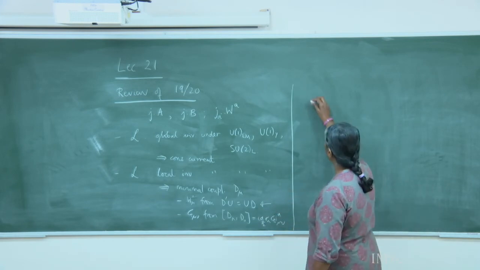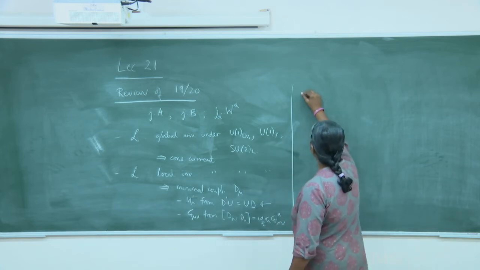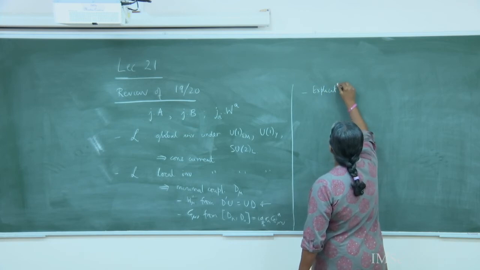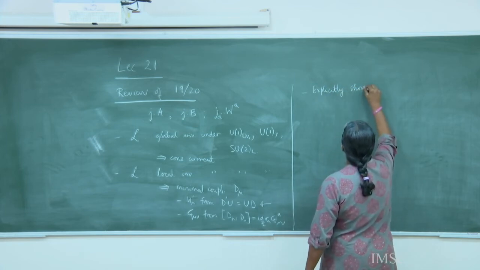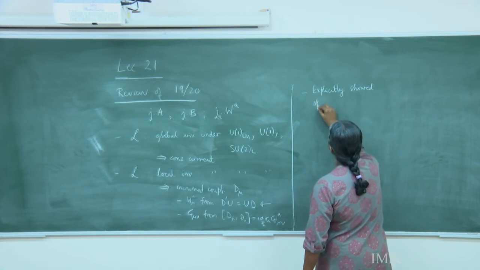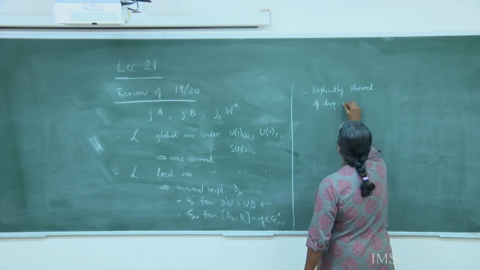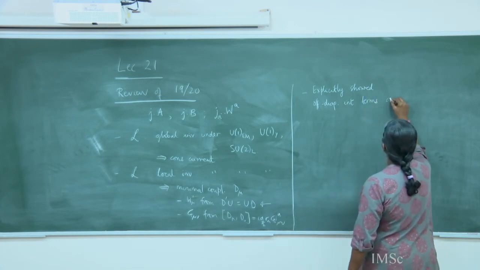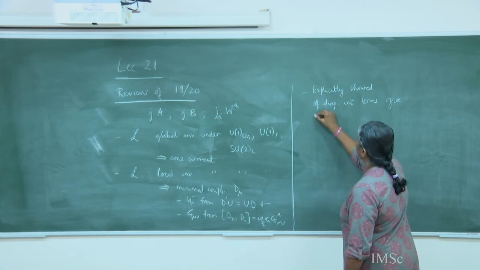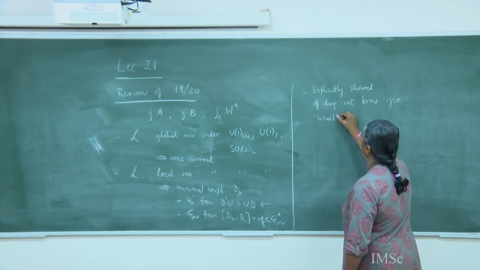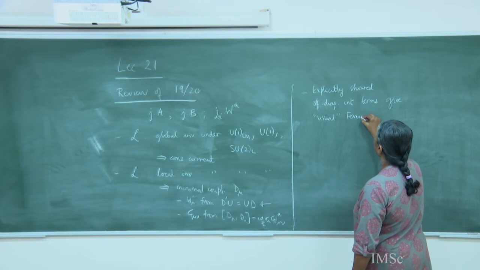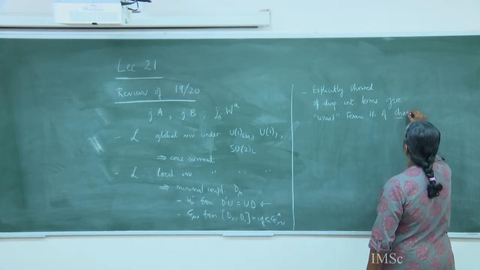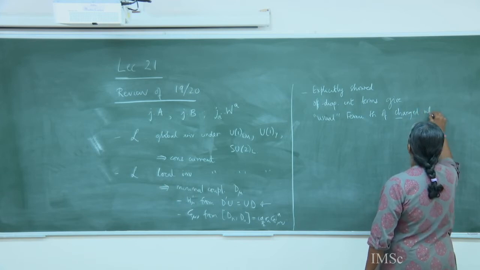Then the final thing we did was, once we did the coupling, we explicitly showed that off diagonal interaction terms give the usual Fermi theory of charged weak interactions, right?